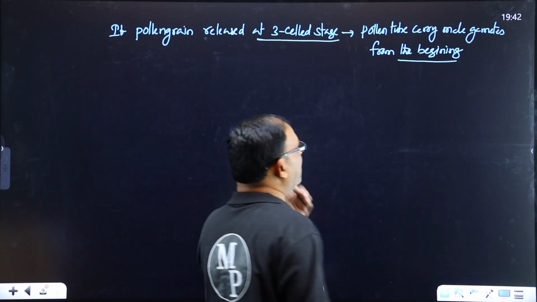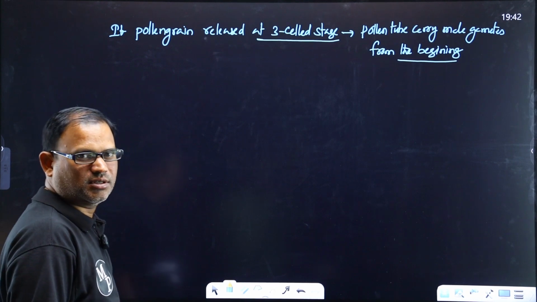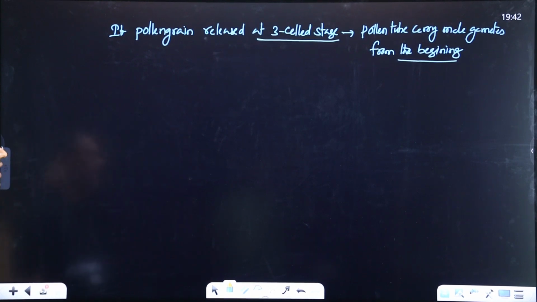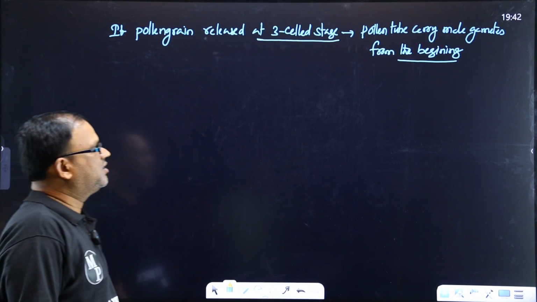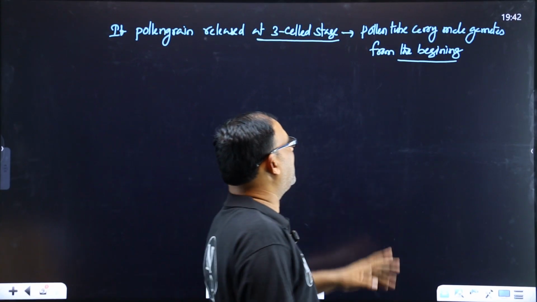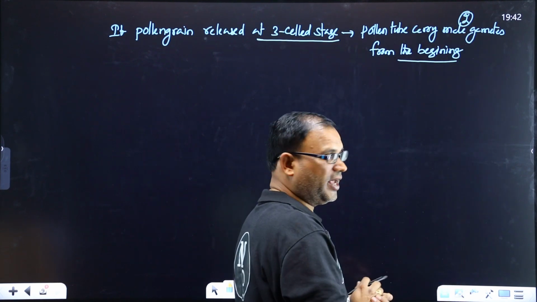Beginning నుంచే ఏమవుతుంది? Pollen tube లో male gametes అనేవి ఉంటాయి. Two male gametes. If the pollen grain is released at the three-celled stage, the pollen tube carries two male gametes from the beginning. How many male gametes? Two male gametes. Okay, right.